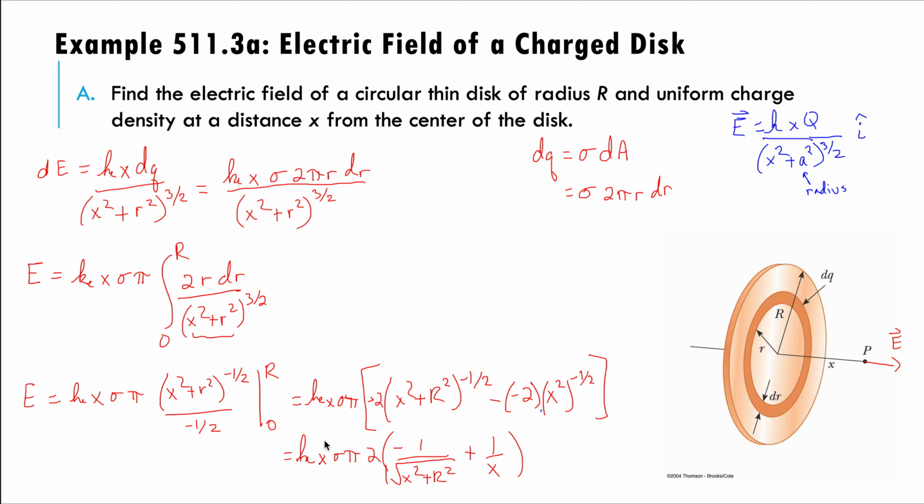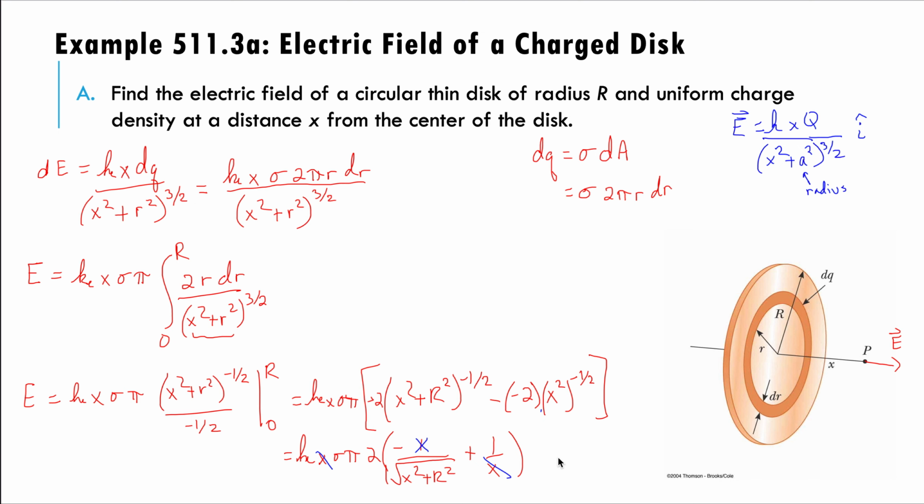And finally, we can go ahead and distribute the x over here. So we're going to remove it from here, and we're going to put it over here, multiply both sides by x. So it will just give us 1 over here.